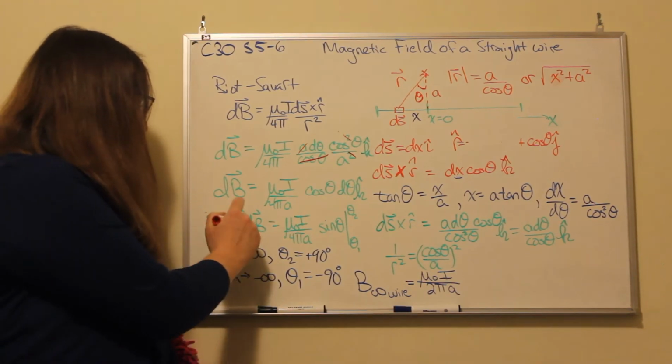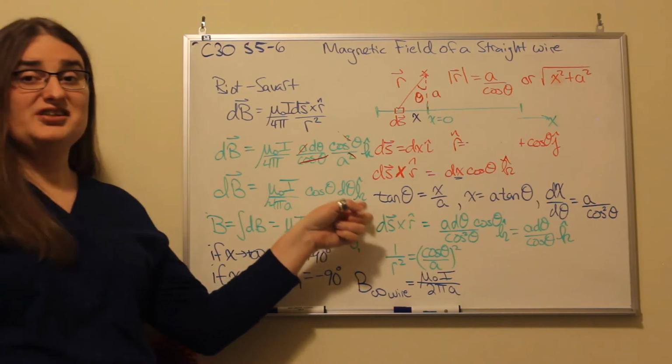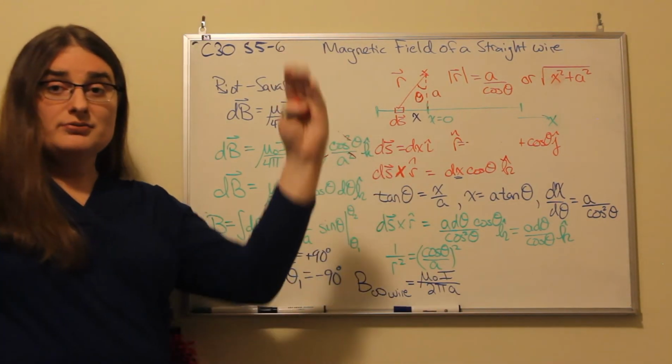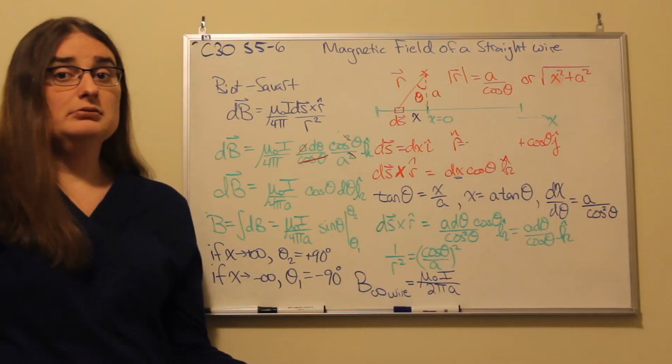So if I just want to take a look at the size of that integral, since like I said, the direction is just coming out of the board, well, the integral of cosine is sine.